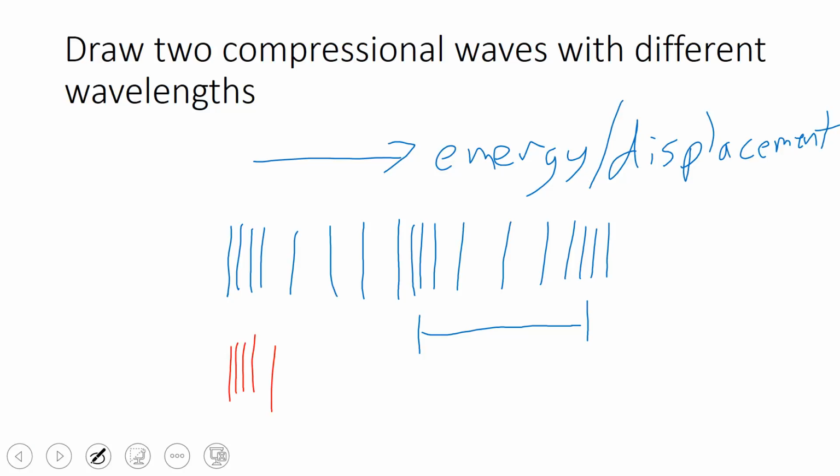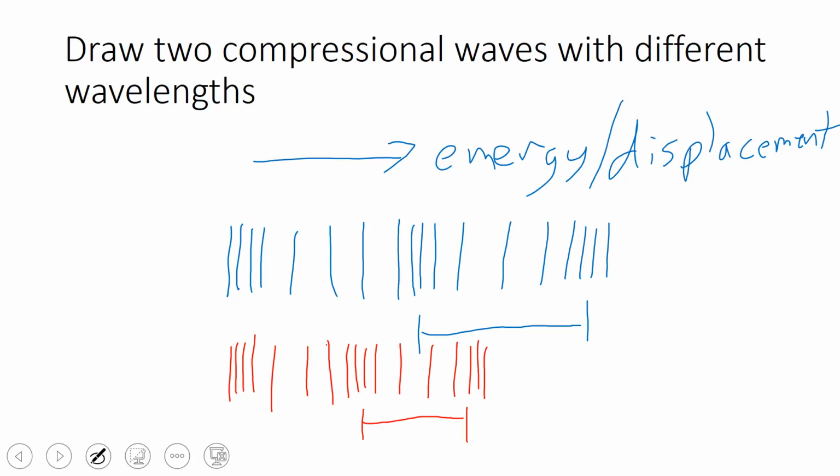Here's crowding, spreading out, crowding, spreading out, and crowding again. And so here would be the wavelength. So here are two compressional waves with different wavelengths.